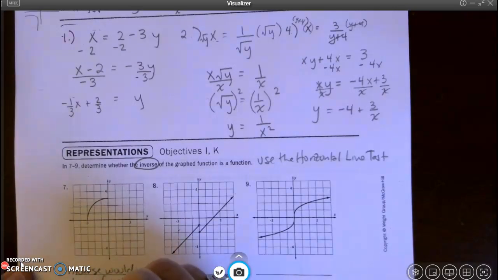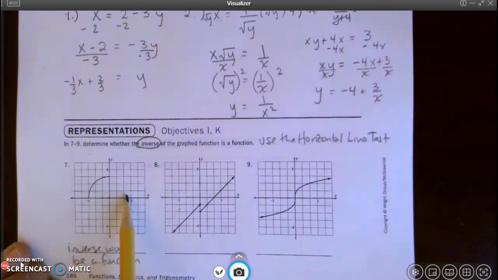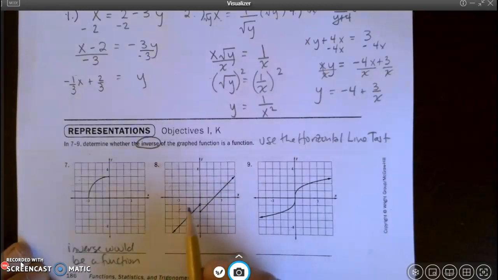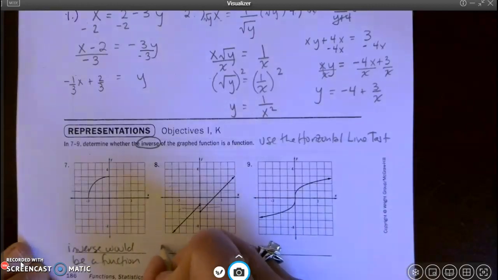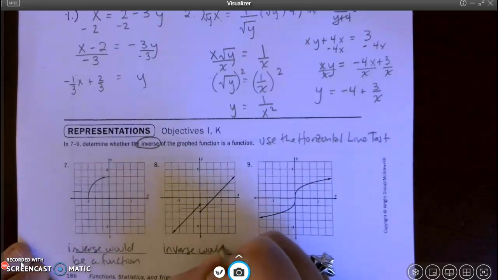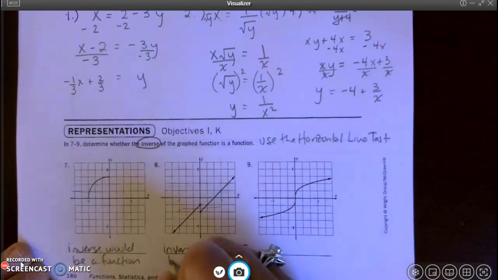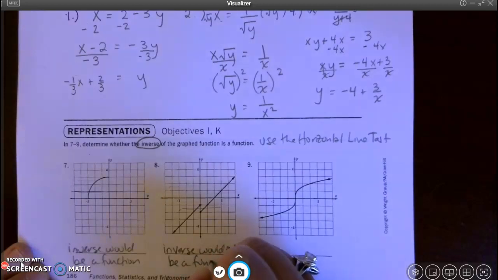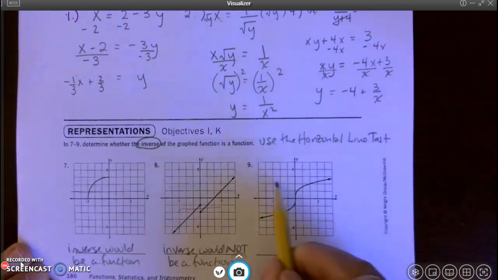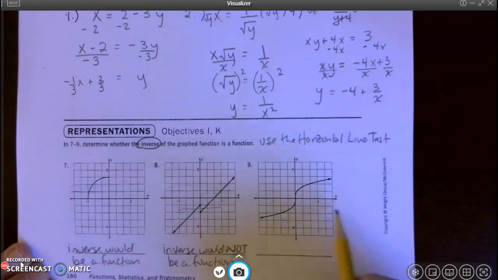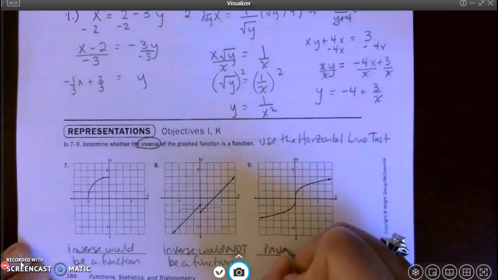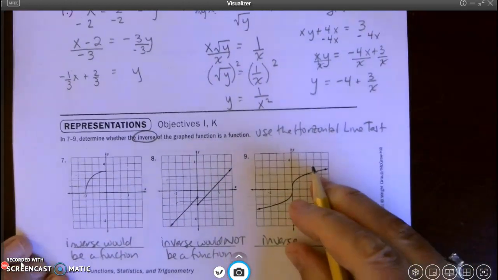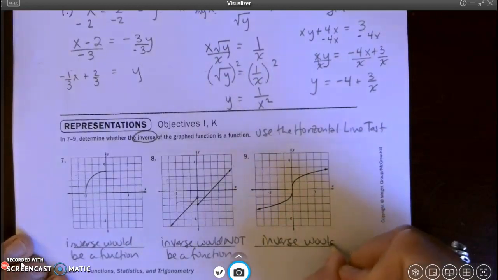So this is not the graph of the inverse. This is the graph of the original. How about here? Now when I get here, right there, it does not pass the horizontal line test. So the inverse would not be a function. And for this one, I look good, it passes the horizontal line test, so the inverse would be a function.